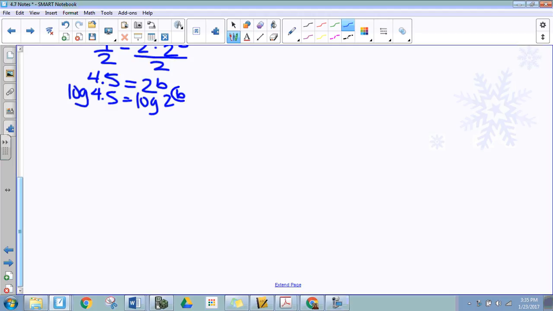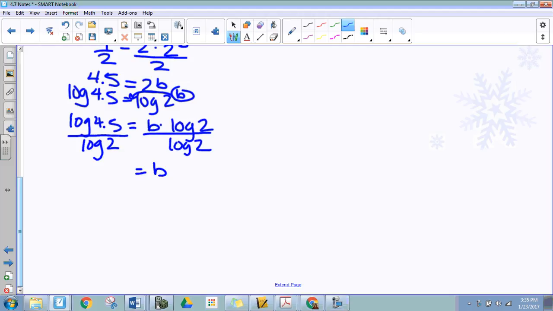Then this exponent comes out front, so we have log of 4.5 equals b times log of 2, and then we divide by log 2. So b equals log of 4.5 over log of 2, and we get about 2.17. I think that's what that rounds to. If I'm wrong, round it to 3 decimal places, but I think that's what it was. So that's our b value.